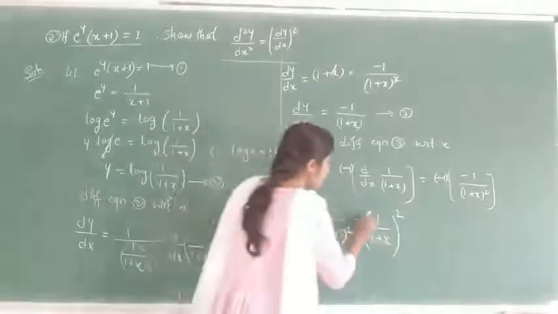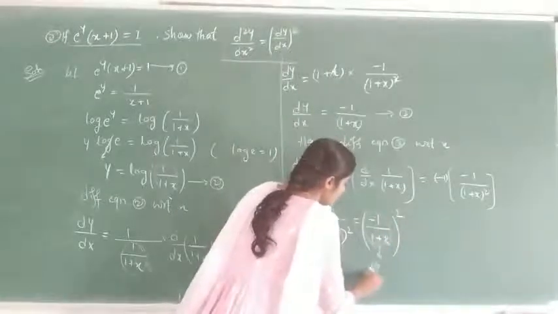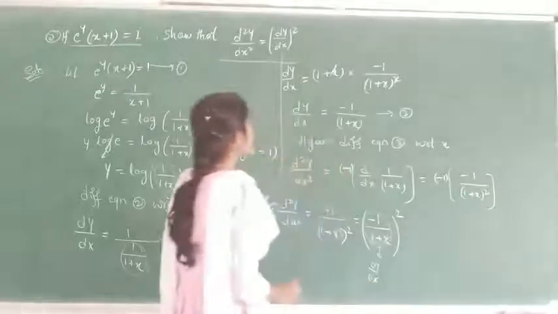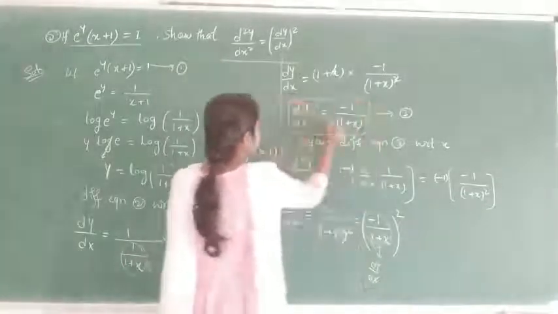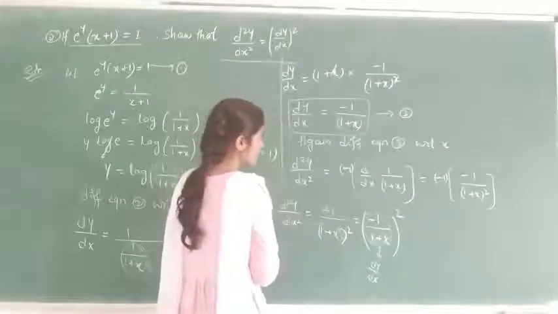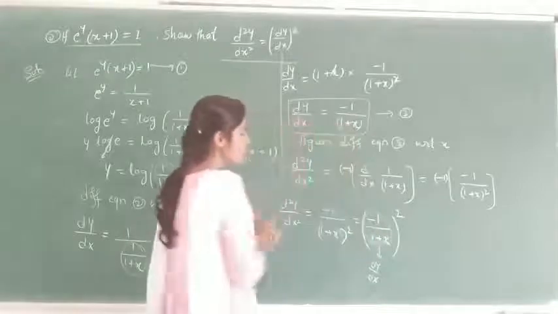Observe this term. What is this term? That is nothing but dy by dx. From equation number 3, I can write minus 1 by 1 plus x is nothing but dy by dx.